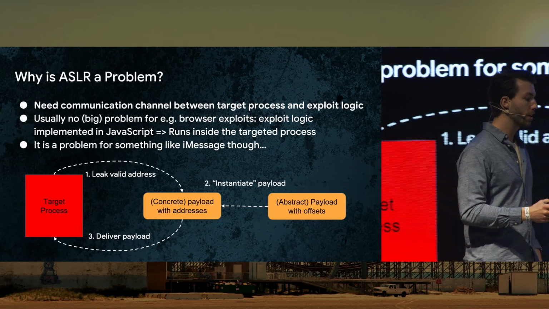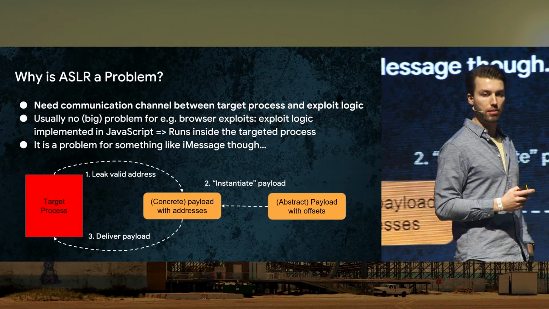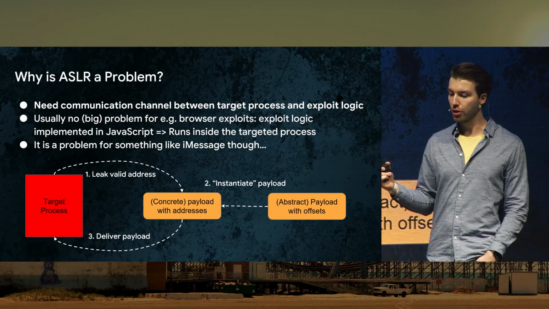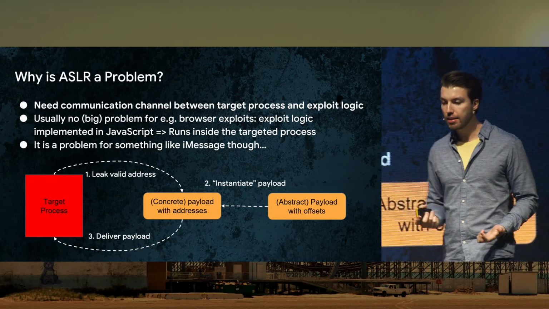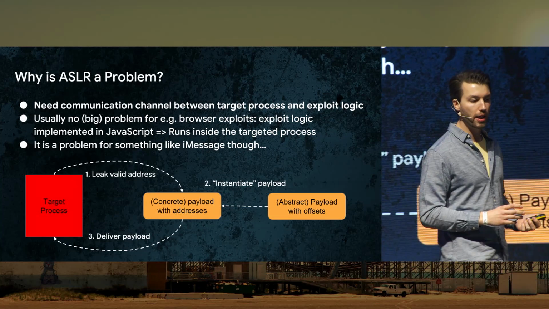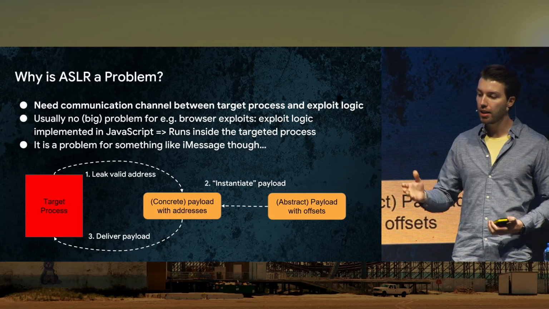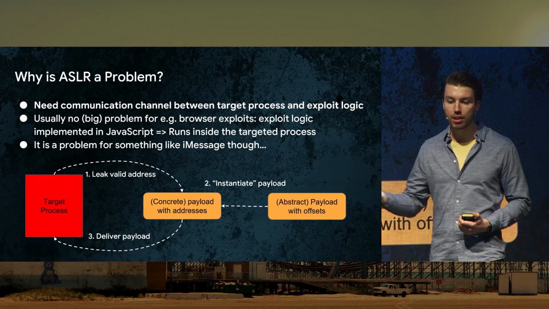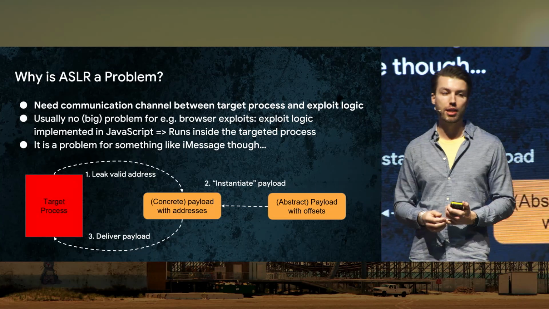But for this to work, you need a communication channel between the target process and the exploit logic. Now, in some cases, this is not a problem at all. If you think about typical web browser exploits, there the exploit logic is implemented in JavaScript. And so it runs in the process that's being exploited.